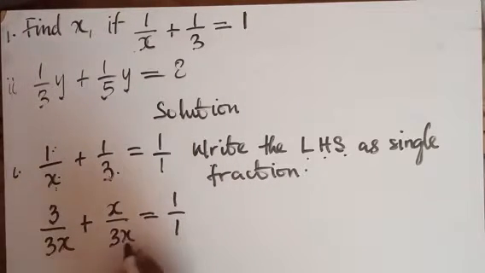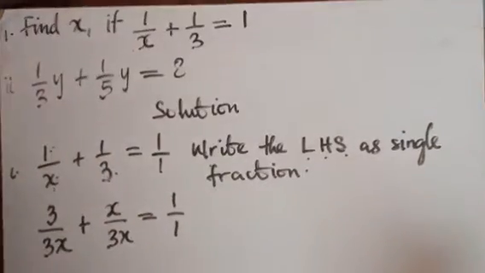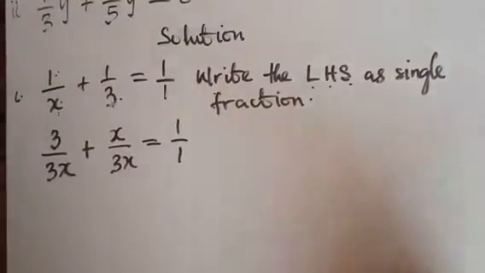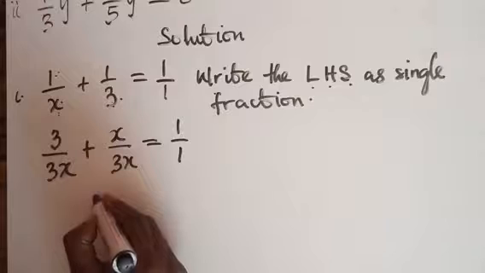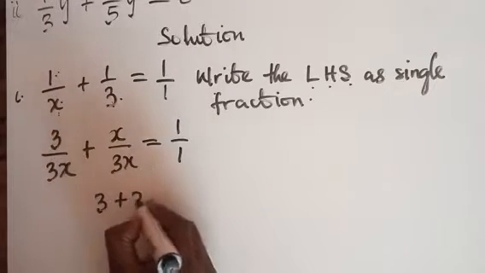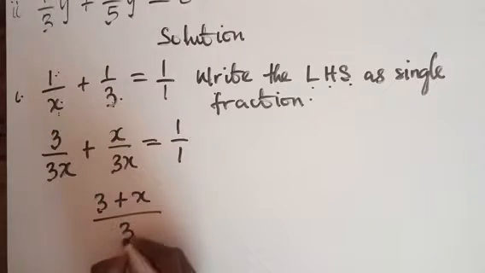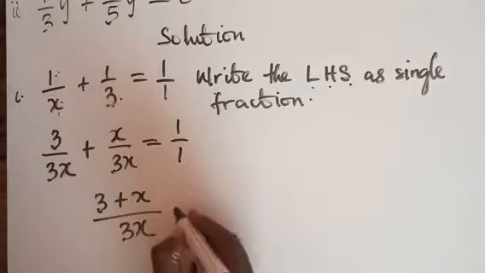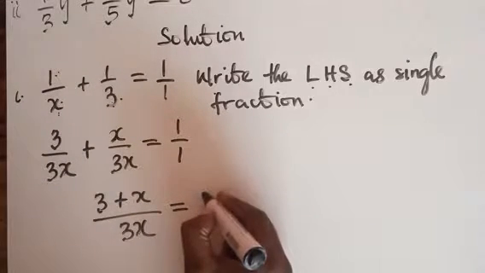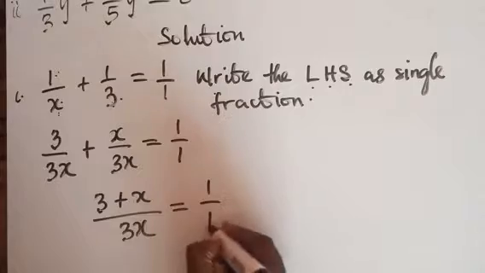Now the denominators are the same, so it means we can add. So in addition, what we are going to have is 3 plus x all over 3x. Once the denominators are the same, you can take the common denominator. So this is 1 over 1.